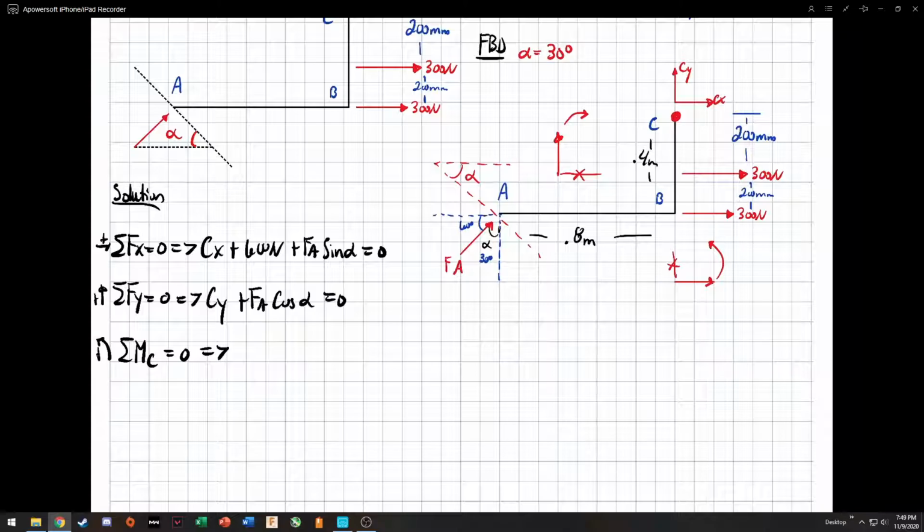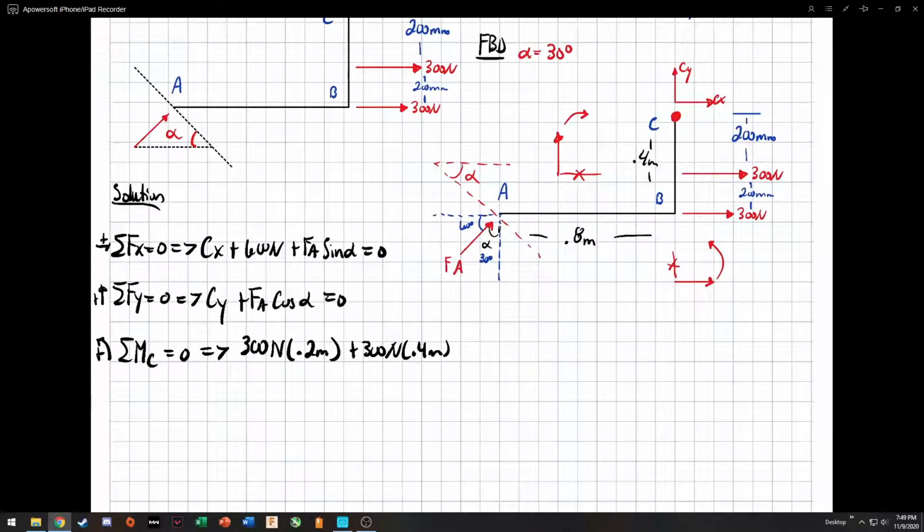I'm going to say that counterclockwise is positive. So we're going to have a 300 Newton force going in a clockwise rotation, and that's going to be at, I'm going to go ahead and convert it, 0.2 meters. We're going to have another 300 Newton force at 0.4 meters. And now we're going to have to worry about F_A. Now this is where this is going to come in.